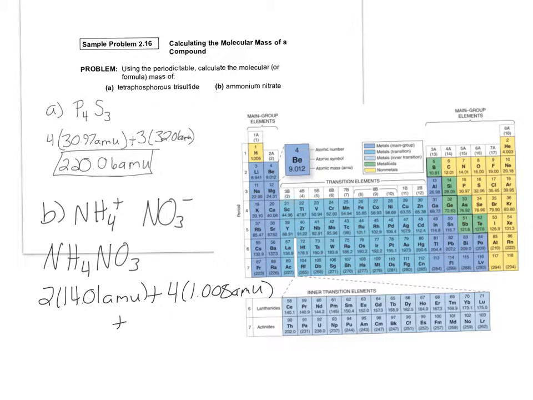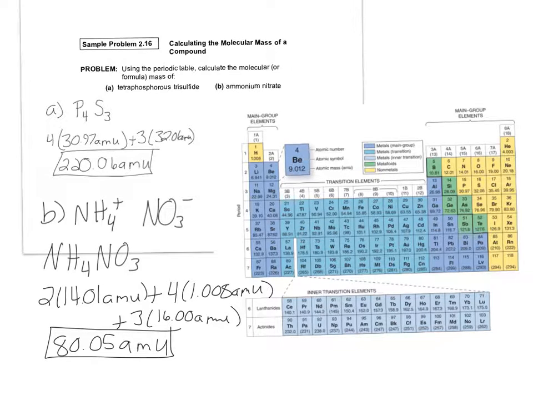Plus, we have 3 oxygens, so 3 times from the periodic table 16.00 atomic mass units for oxygen. So let me type that in my calculator. 2 times 14.01 plus 4 times 1.008 plus 3 times 16 equals, and I got 80.05 atomic mass units for the ammonium nitrate.